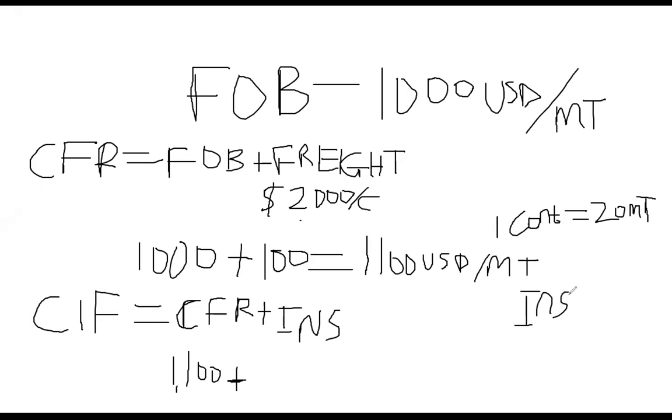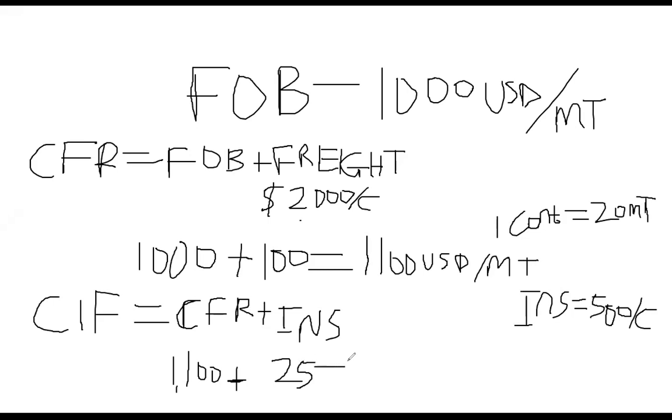It's going to be a rate percentage, but we're just assuming a figure. Remember, it's per container. How much in a container? 20 tons. I need to divide this by 20 to arrive at the appropriate price. And that will be $25.